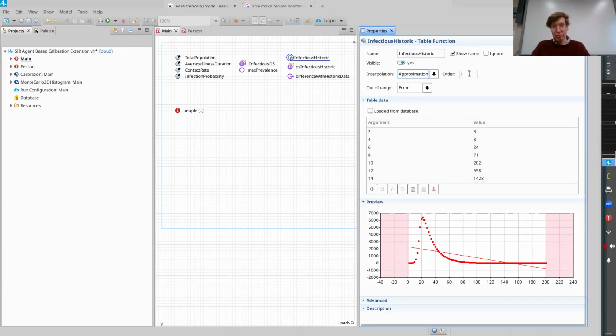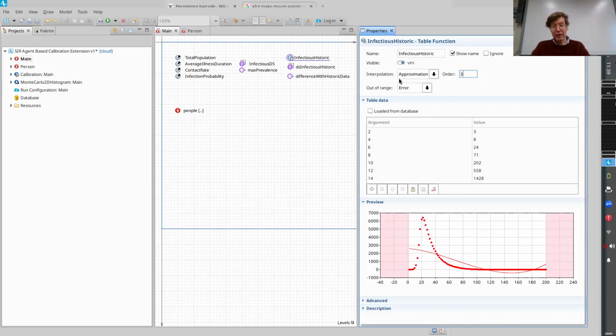We could also have an approximation of a certain order, and I won't fill in exactly what that is. We're going to keep ours at linear. So just assume a line between these two. So if we were to give 7, it would give the average of 24 and 71, right?